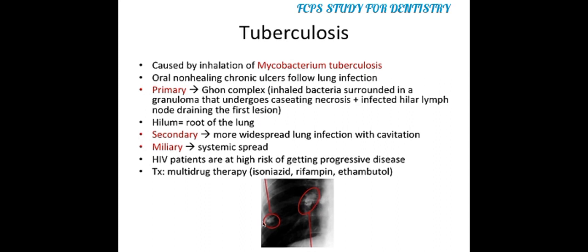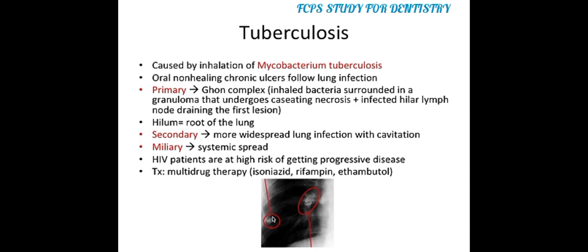So you can imagine this red circle here is encircling this granuloma that's maybe calcified a little bit while it's appearing a little more radiopaque, and surrounded by all these mycobacterium. It's controlling the infection, and it's undergoing death in the center of this infection.